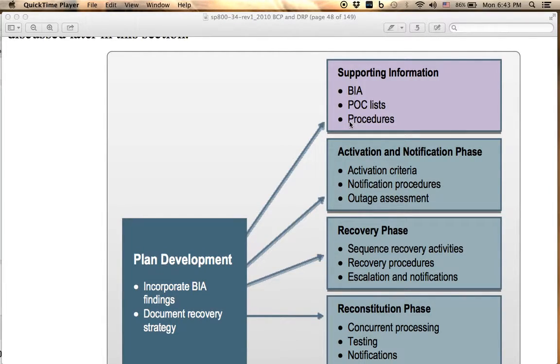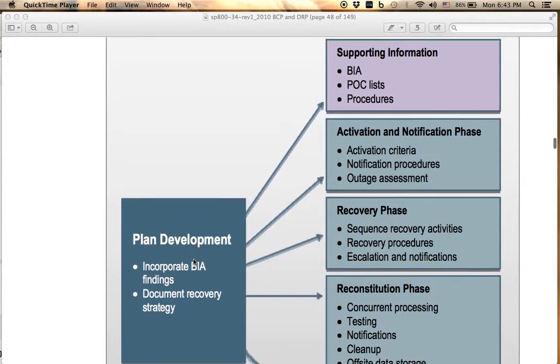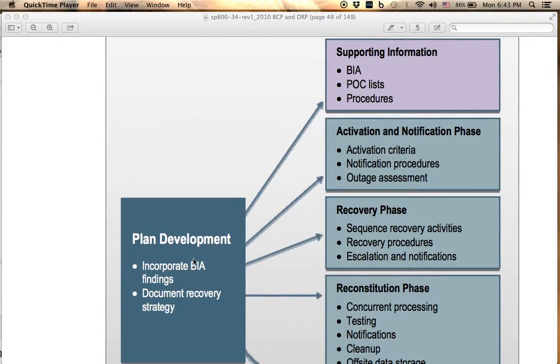The other one is a procedure required to support the IT contingency plan development. The development criteria may need two things.